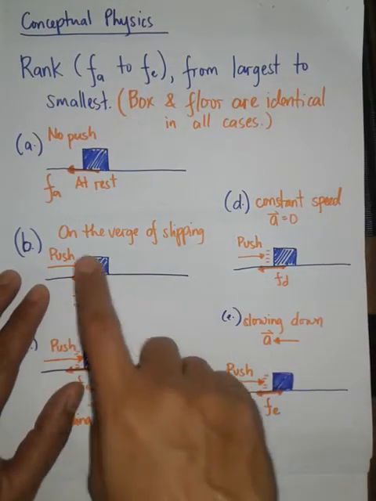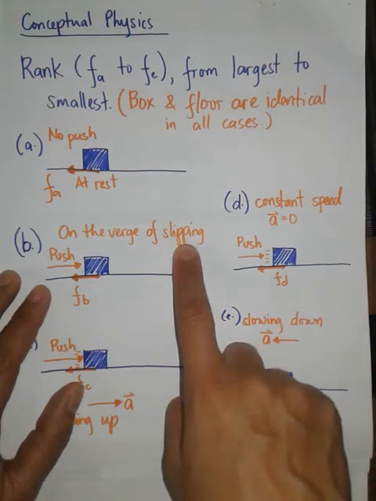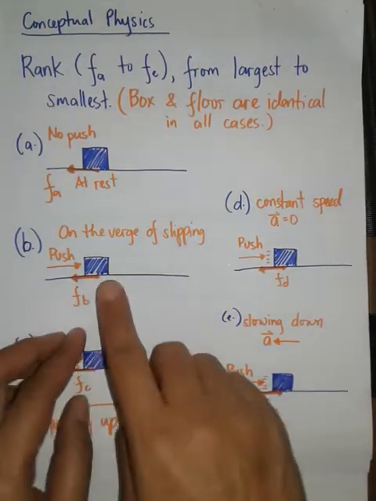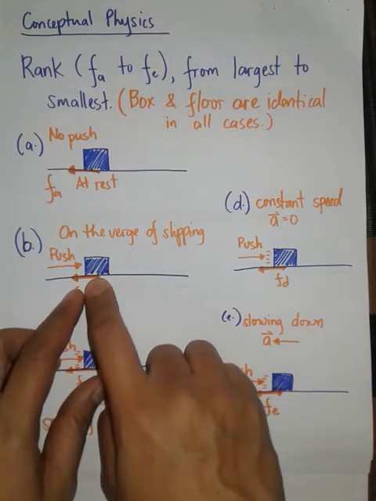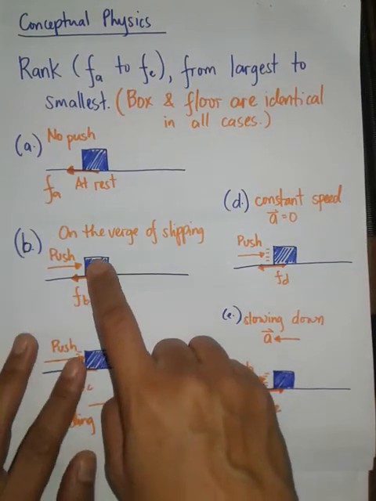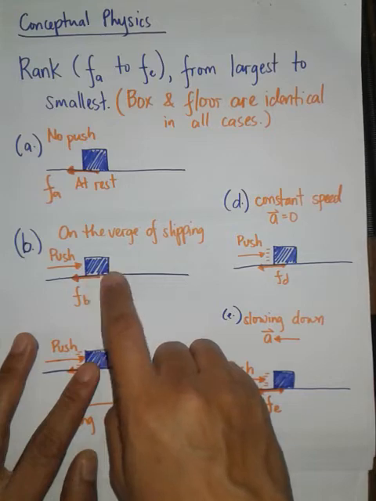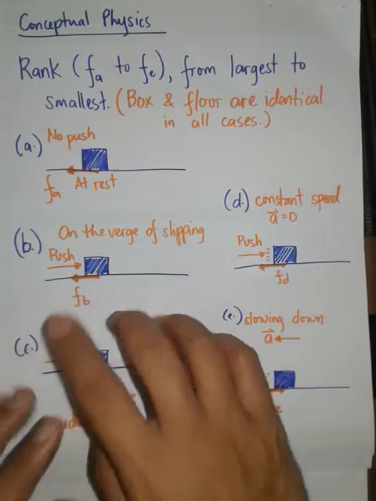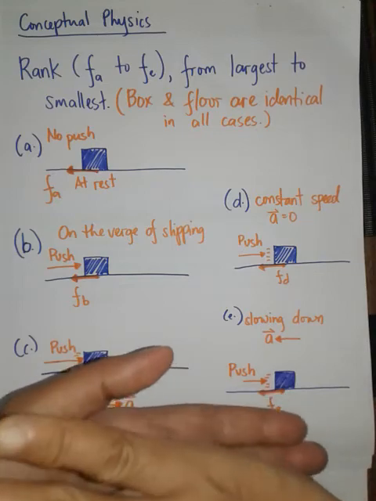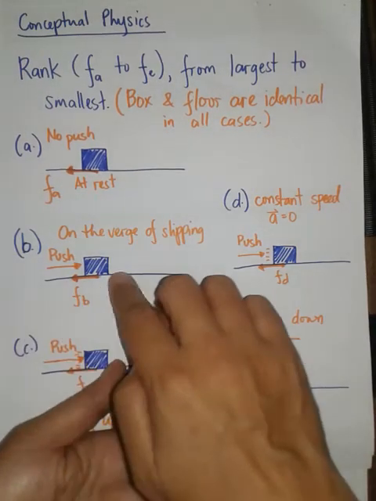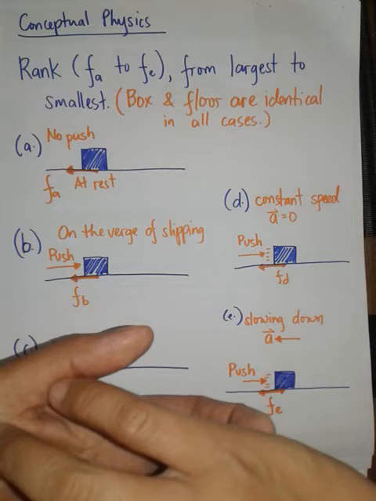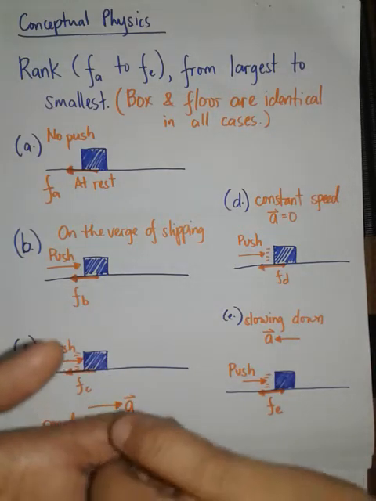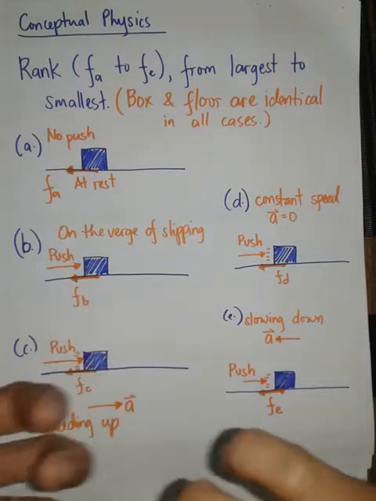Case B, it's just on the verge of slipping. It's just about to start slipping. If you look at it microscopically, at the surface contact of the bottom of the box and the floor, the adhesive force is just starting to break loose.